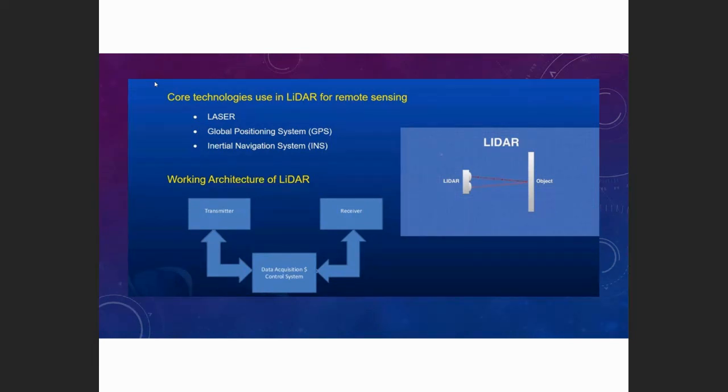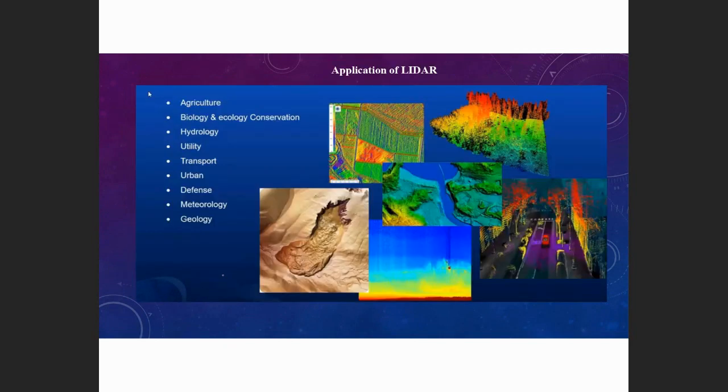Next are its application areas. Nowadays LiDAR is used in various areas. In agriculture, in many cases we use it to get the exact canopy. For that you can use LiDAR data.